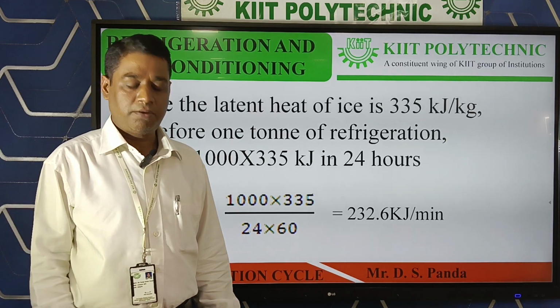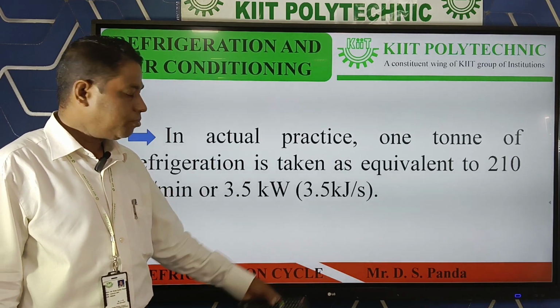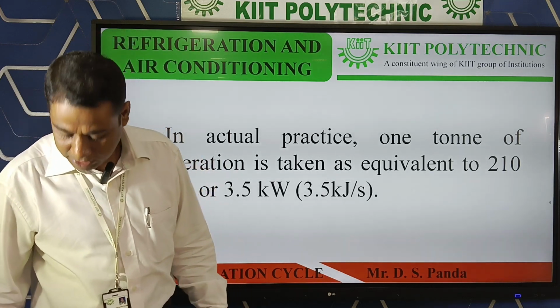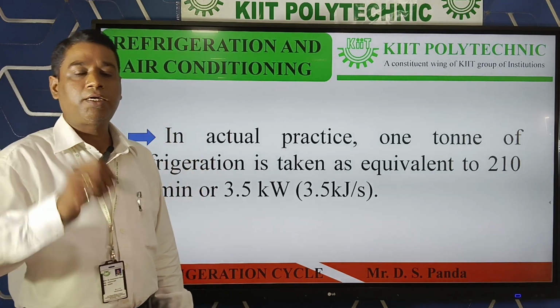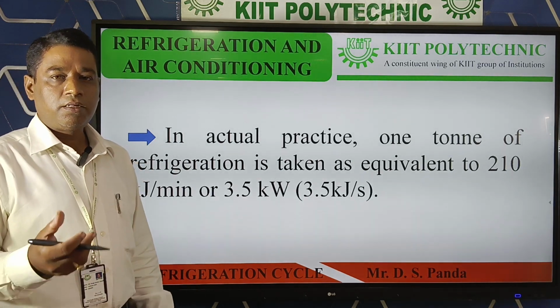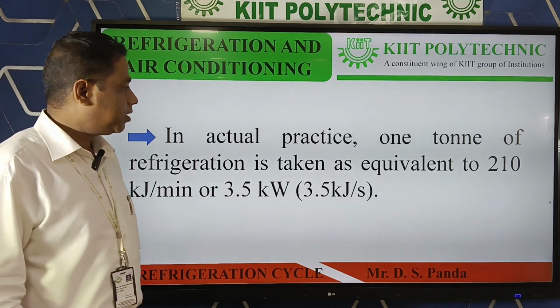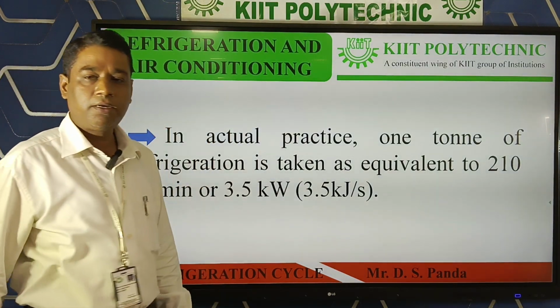Kilojoule per minute. But in actual practice, it is taken as 210 kilojoule per minute. For the international standard, 1 ton of refrigeration is 210 kilojoule per minute.